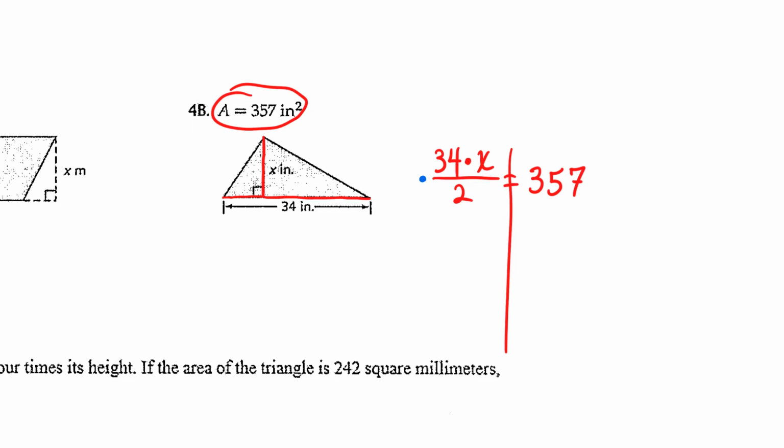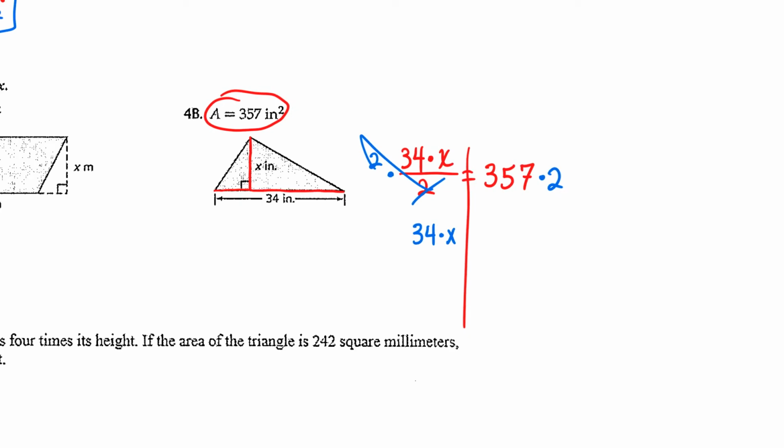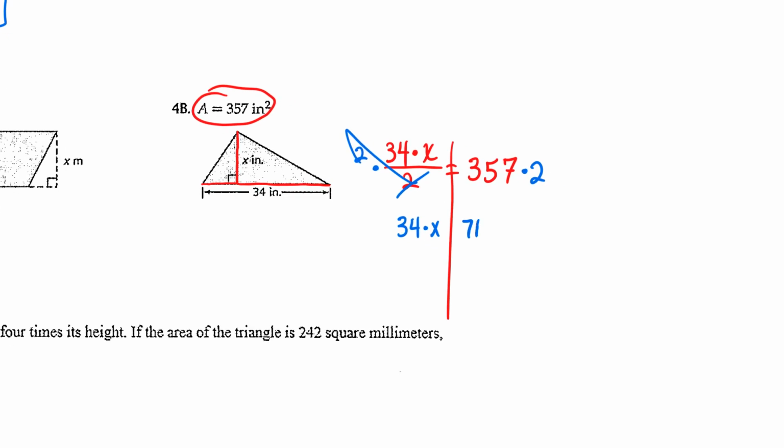Multiply by 2. I got to get rid of that 2 underneath there. That way these 2's cancel. That leaves 34x. 357 times 2 is 714, then divide by 34.